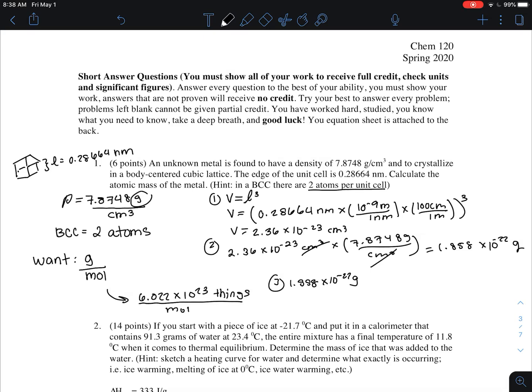So then you take your mass, and that's the mass of the entire thing, but we know the cell itself only occupies 2 atoms, and to get the appropriate atomic mass, we need to take into account our 2 atoms, so you would divide by the 2 atoms, and then convert to per mole using Avogadro's number.